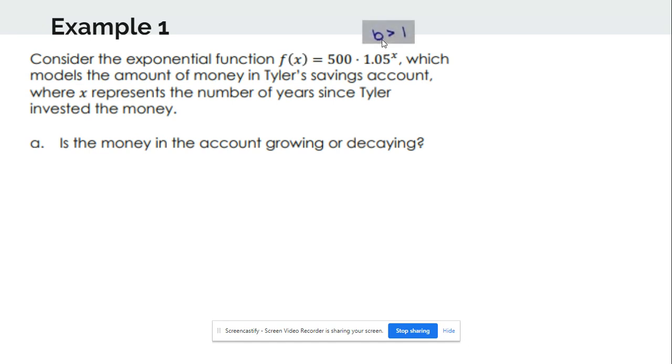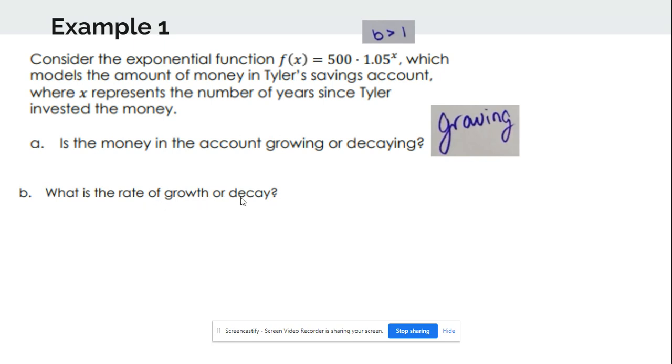Remember our rule on the first slide, where if b is greater than 1, then it is an exponential growth. And in this case, b is 1.05. This value is greater than 1, so we have an exponential growth function.